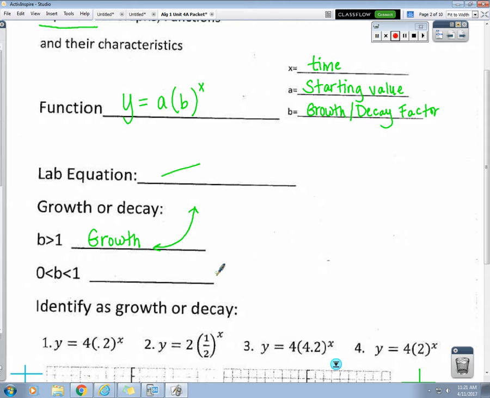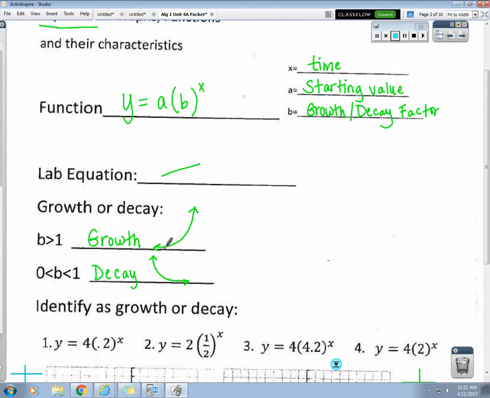If your b value, which is this number raised to the exponent, is between 0 and 1, so less than 1 but greater than 0, like 1/2, 1/3, 2/3, 3/8, anything smaller than 1 but greater than 0, then it's a decay. And that means your curve would go down from left to right.